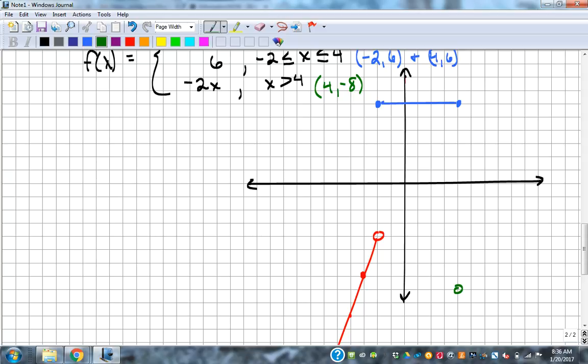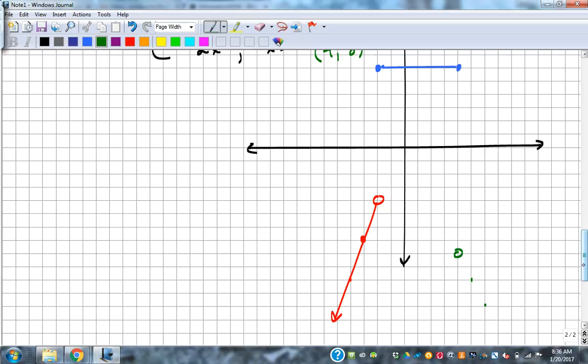So I'm going to the x's that are bigger than 4. So I'm going this direction. So when I count my slope over here, I can go the normal way. I can go down 2 over 1 because it's a negative 2 slope. Normal method of graphing that. This takes practice. This is not something you'll master in one example, I promise you.